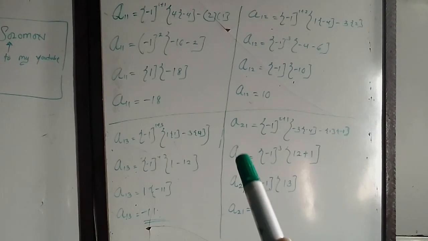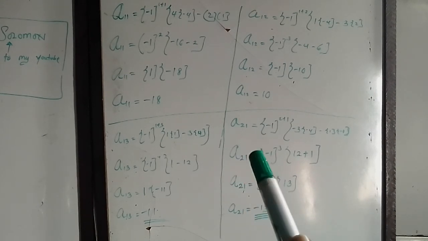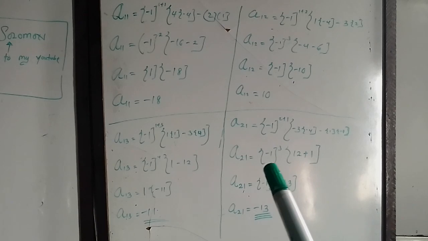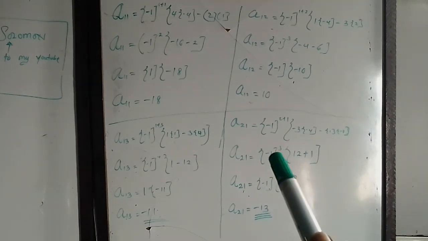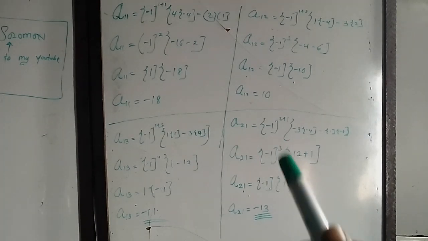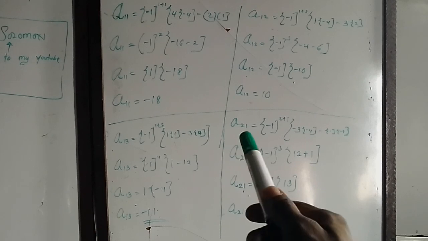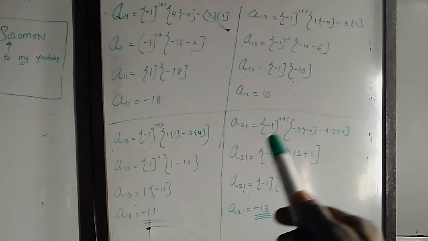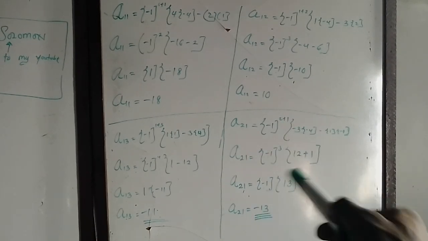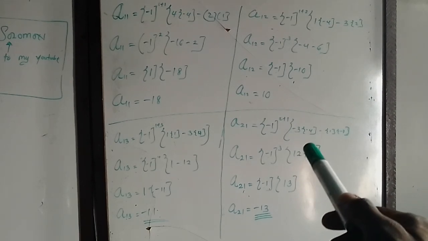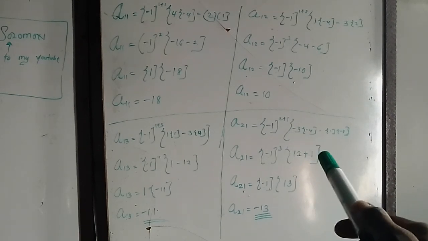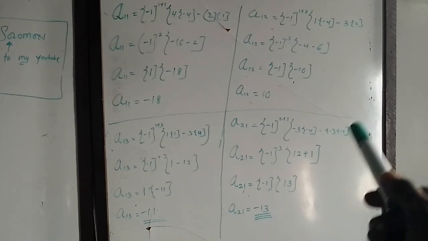We have A21. Our A21 equals to, always our minus 1 is constant. Then you are going to say this 21 is going to be this 2 and 1. You are going to say 2 plus 1. Open bracket. Minus 3 times minus 4. Minus times 1 times minus 1.